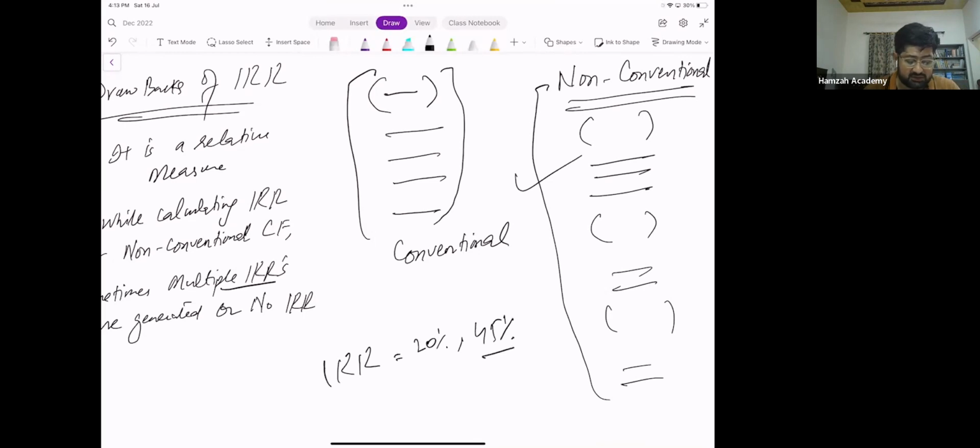Now, which one is correct? We do not know which one is correct. Or sometimes they say error. We cannot produce any answer. No IRR. Or sometimes 2 or sometimes 3 IRRs are generated.